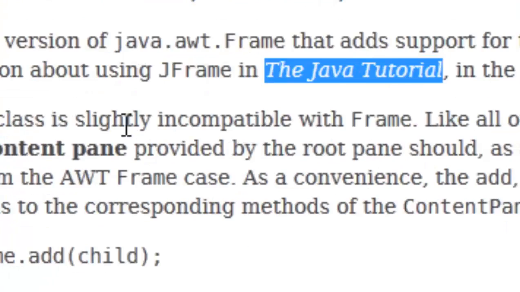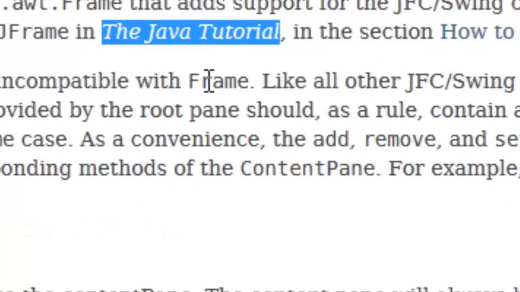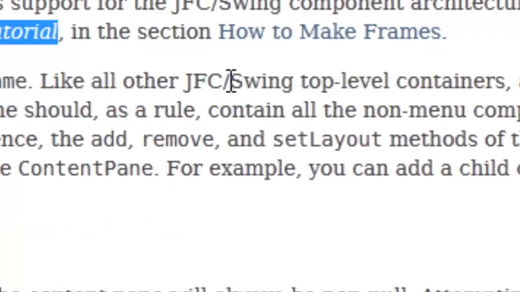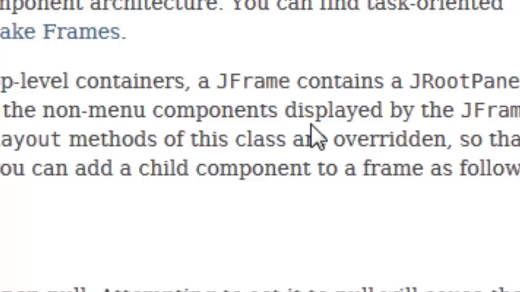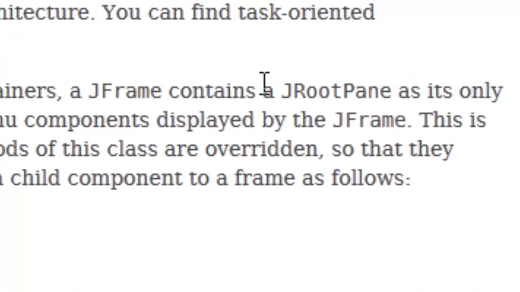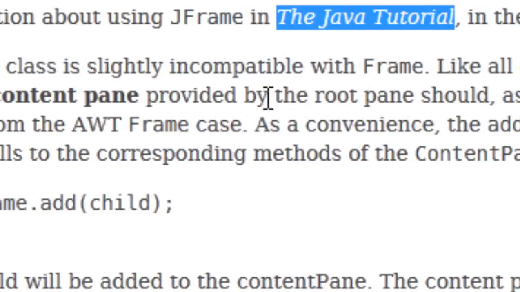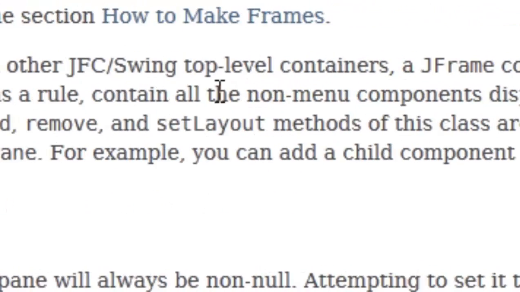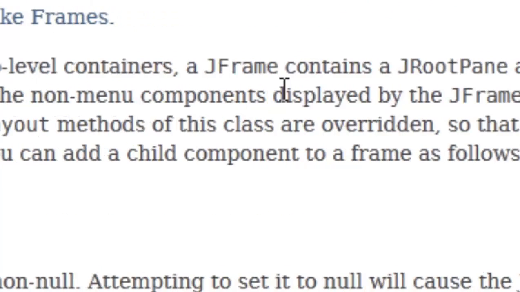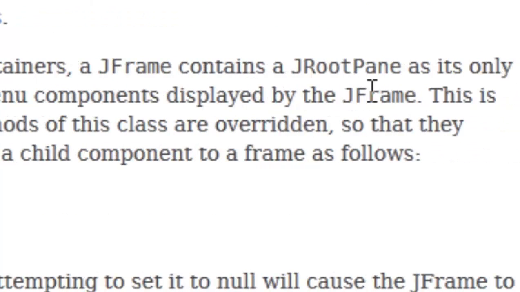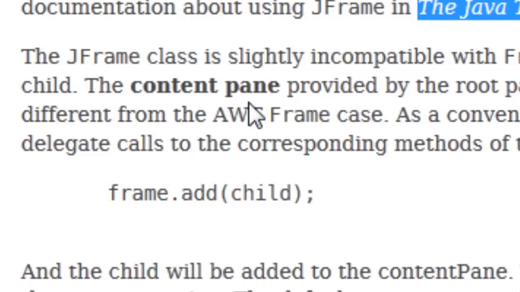So the JFrame class is slightly incompatible with Frame. Like all other JFC/Swing top level containers, the JFrame contains a JRootPane as its only child. The content pane provided by the root pane should, as a rule, contain all the non-menu components displayed by the JFrame. This is different from the AWT Frame case.